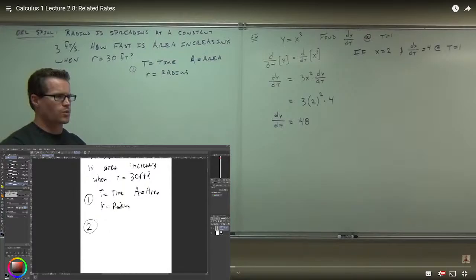Area equals... Wait, how fast is area increasing? Oh, not radius.